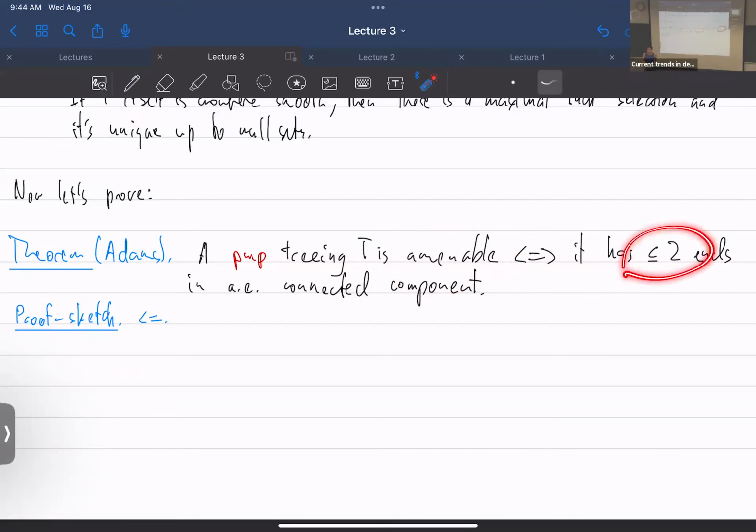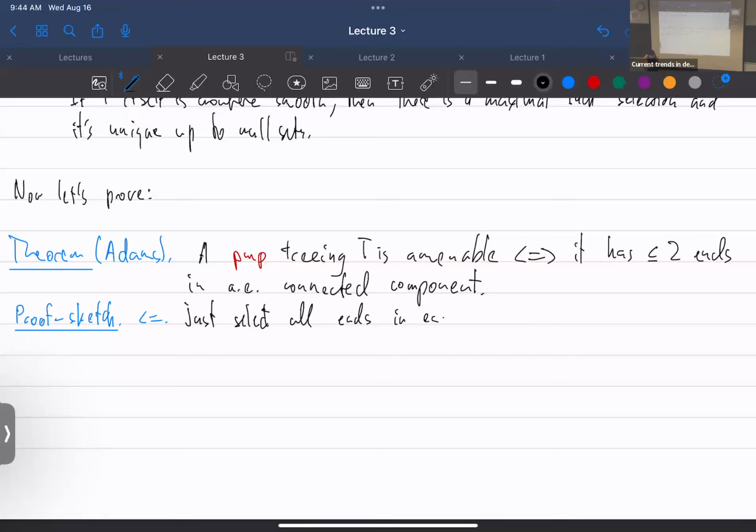If it has only 1 or 2 ends, there you go, I select all of them: all at most 2 ends in each T component. So T is amenable. By T I mean its equivalence relation is amenable.